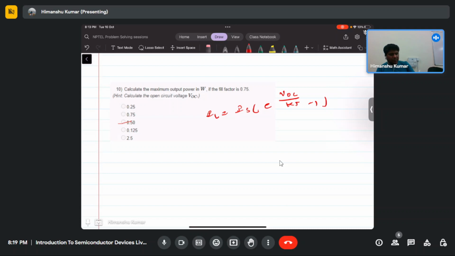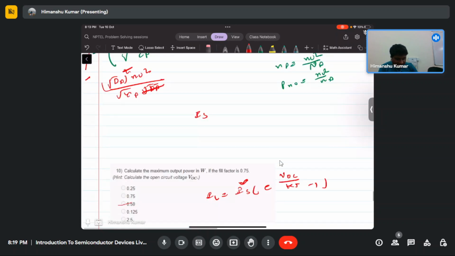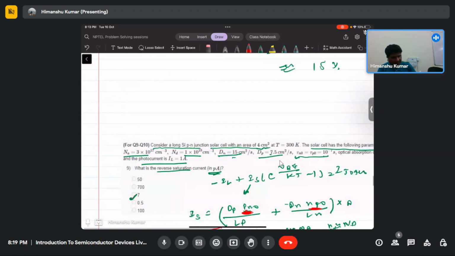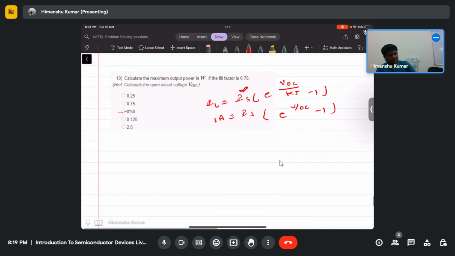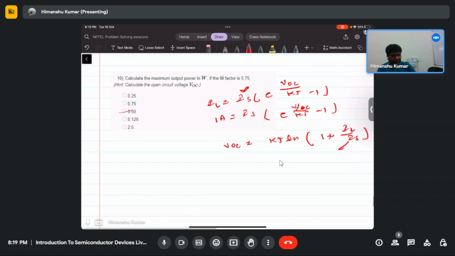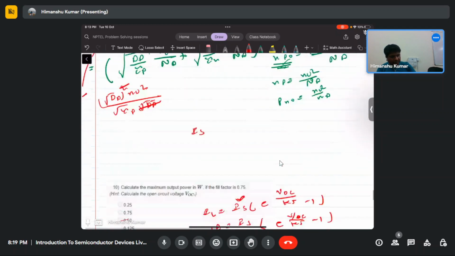We have been provided that I_L is 1 ampere. So you can put I_L as 1 ampere, and I_S from the previous part. Then you can write V_OC equals kT ln of 1 plus I_L by I_S, right? I_S we found from the previous part, that is 7 picoampere.